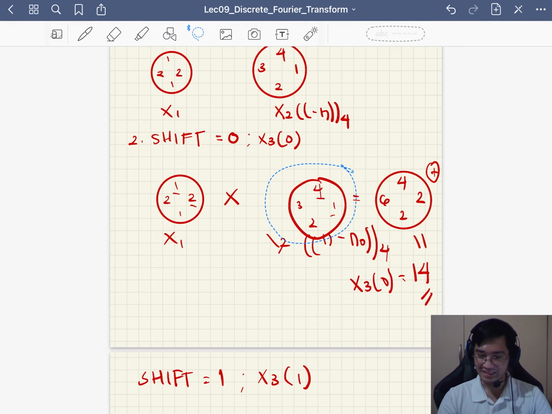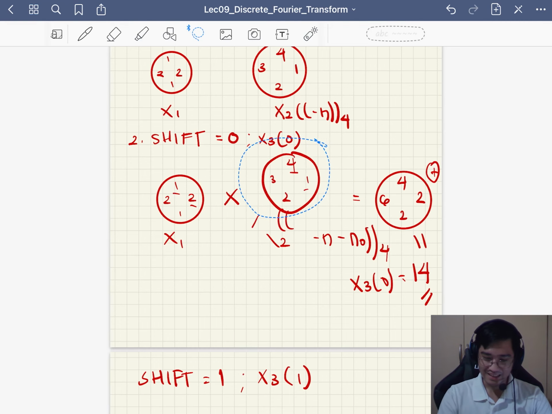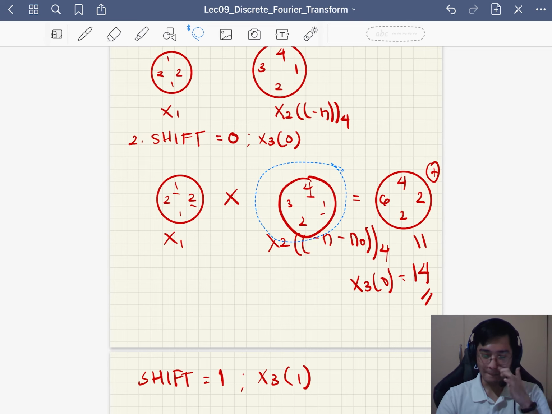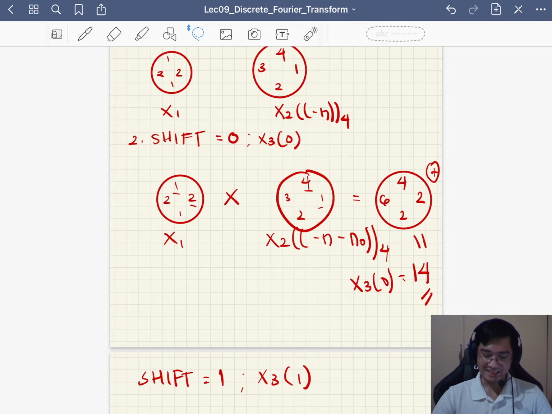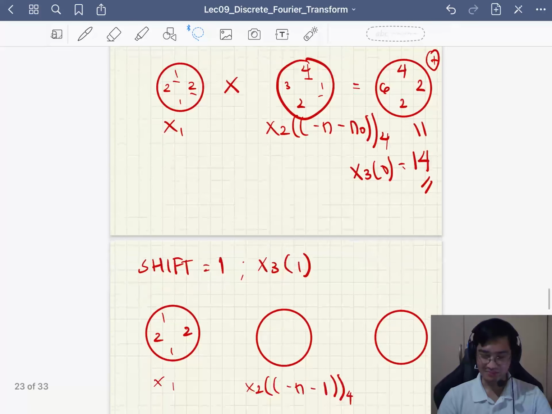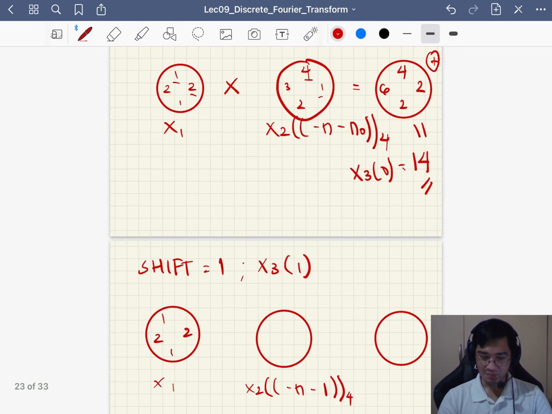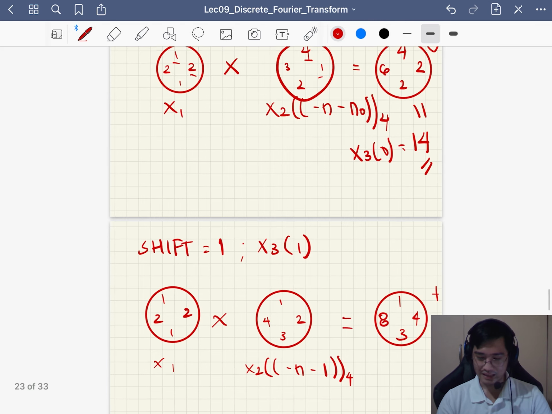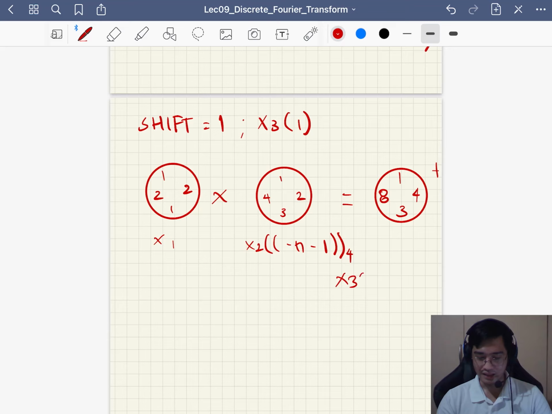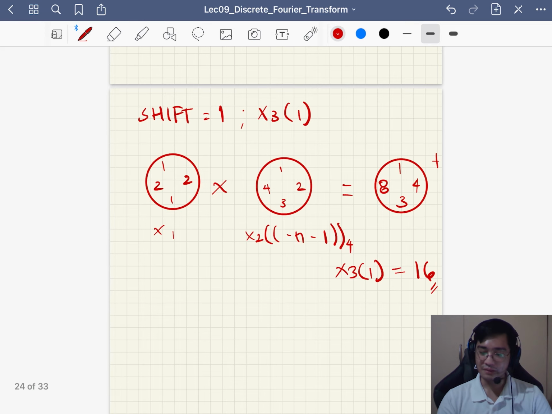I'm not sure how to rotate it here, but anyway, you get the picture. You rotate that, you get 1, 4, 3, 2. Multiply: 4, 1, 8, 3, and then you add. You get x3 at 1 is equal to 16. And then you do it for the rest of the shifts.